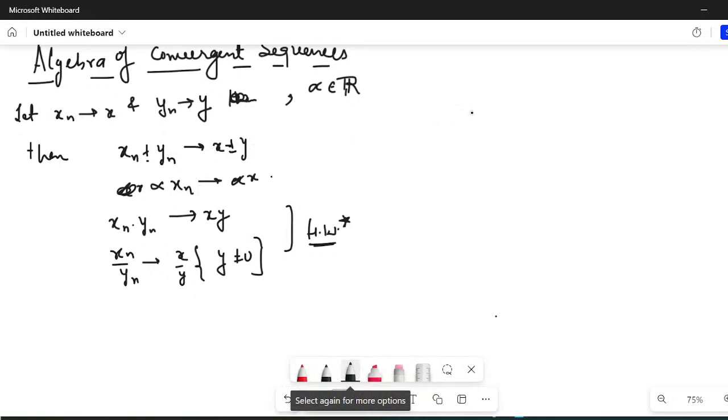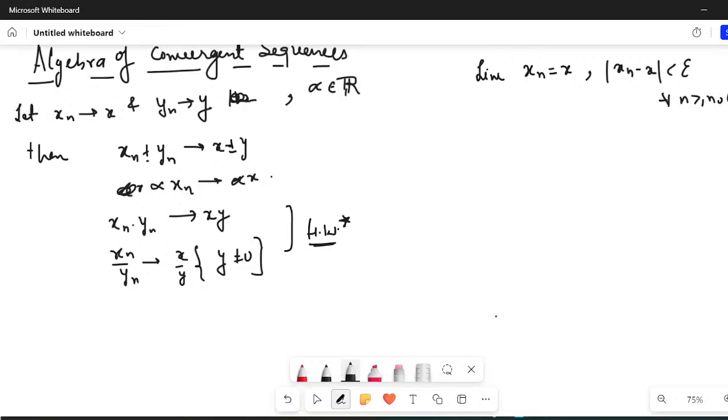So I told you, whenever I say that my sequence is convergent, then the limit of xn is x, meaning that |xn minus x| can be made as small as possible for all n greater than or equal to some number, let's say n naught. Now when I say that xn converges to x, yn converges to y, and that xn plus yn converges to x plus y, what do I need to do?